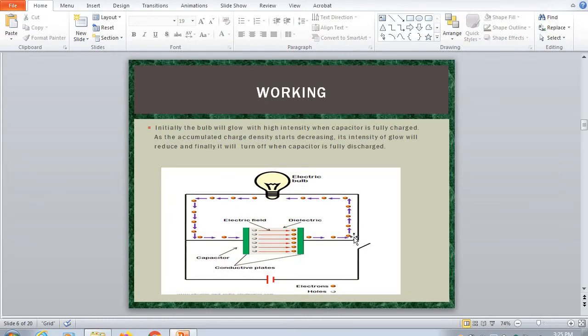This can be seen from this diagram, in which initially the bulb will glow with a high intensity when the capacitor is fully charged. Now, as the accumulated charge density starts to decrease slowly by the glowing of the bulb, its intensity will keep on decreasing and finally it will turn off when the capacitor gets fully discharged.